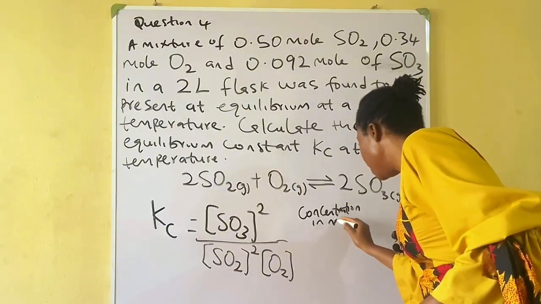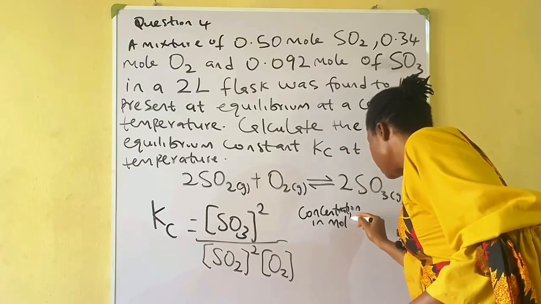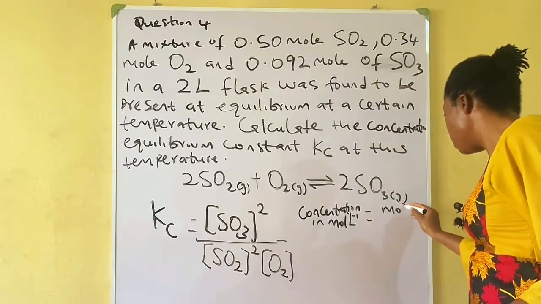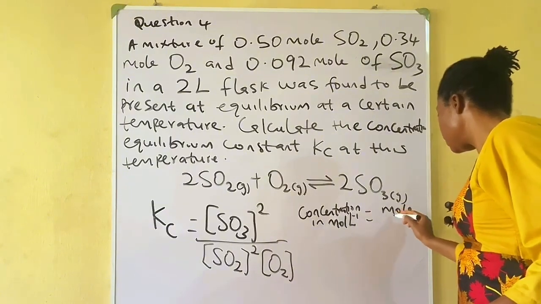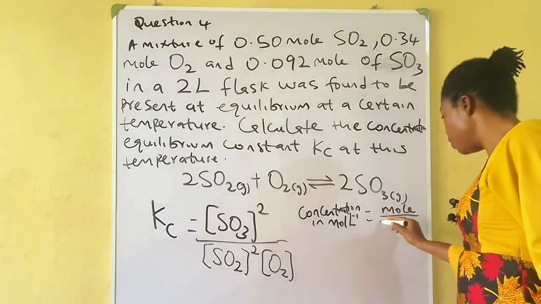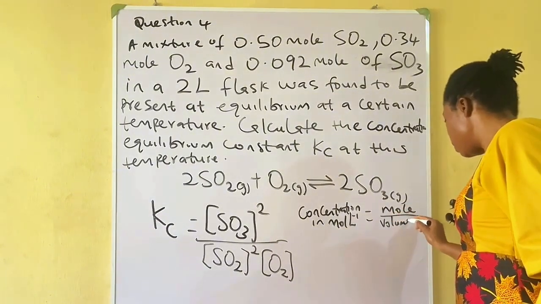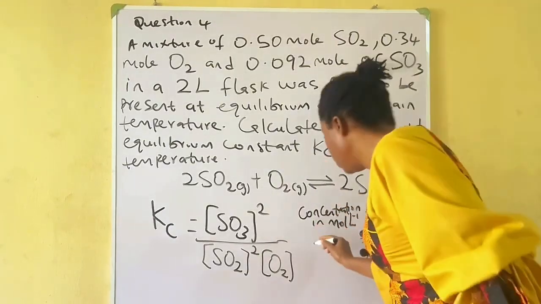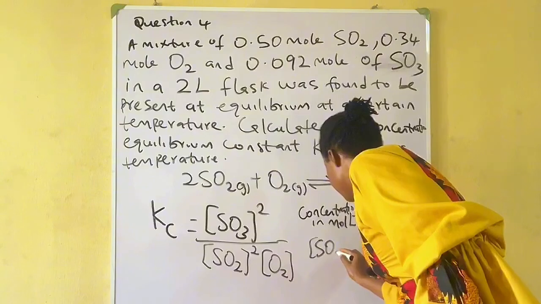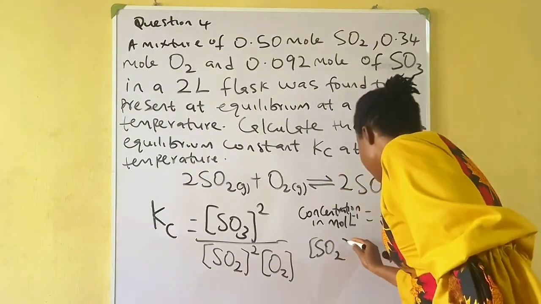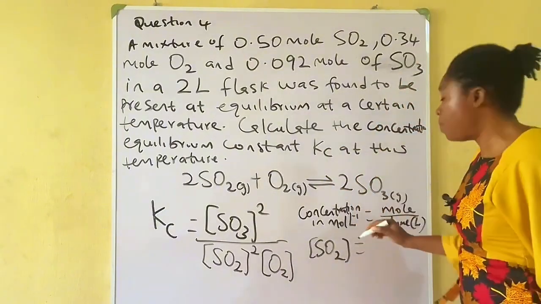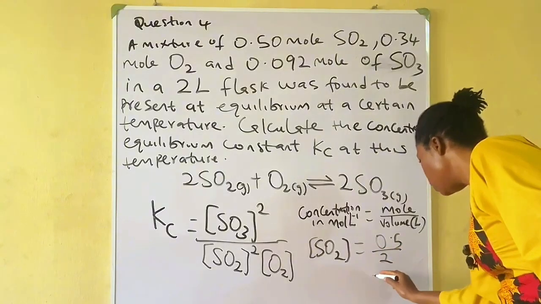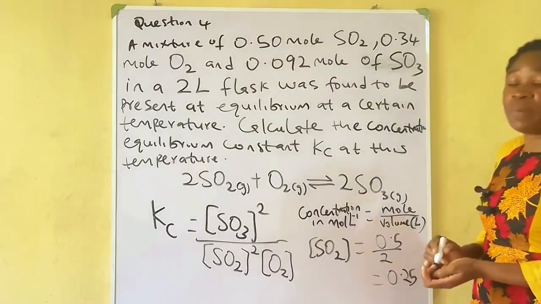In mole per liter equals to number of moles divided by volume. All right. So for SO2, we are given that the mole is 0.5. So divided by the volume, which is 2. So we're having 0.25 mole per liter.